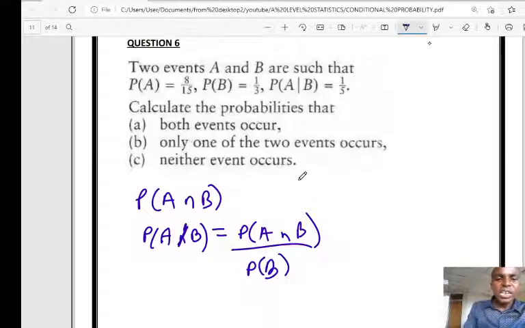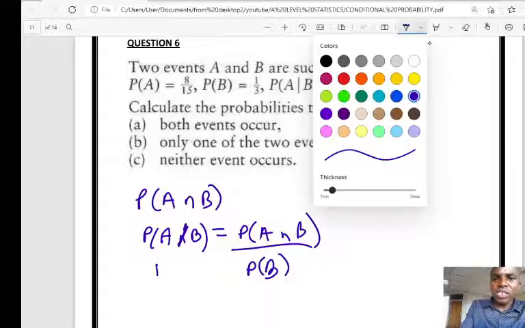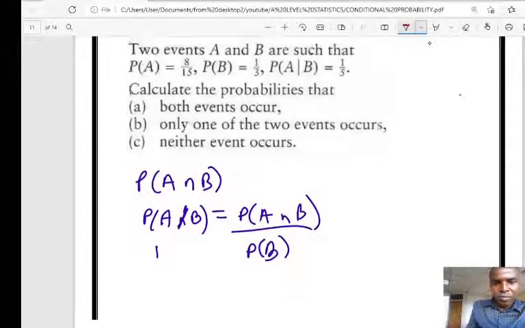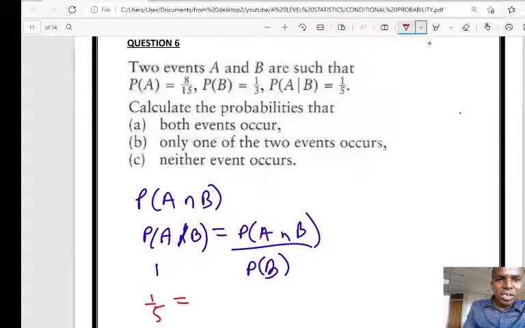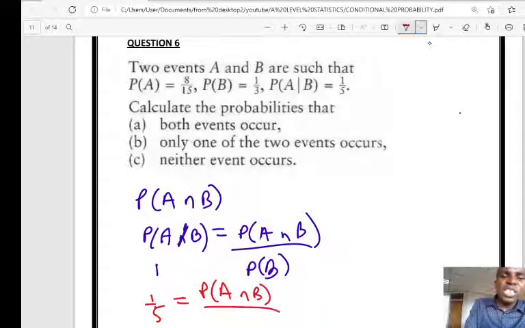Just substitute here. A given B is 1 over 5, so 1 over 5 is equal to probability of A intersection B over probability of B, which is 1 over 3.